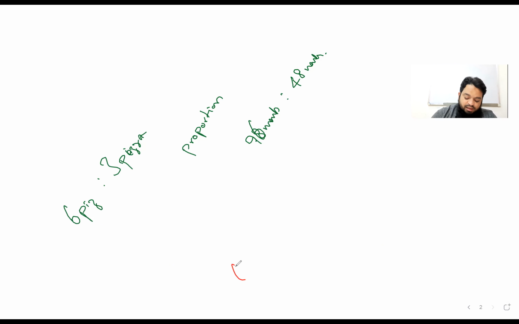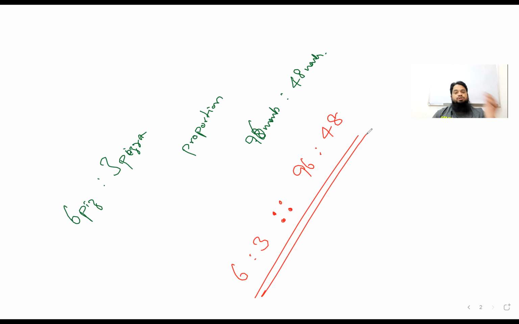We write 6 is to 3 is in proportion, and the symbol for proportion combines two ratios, with 96 is to 48. So we call this proportion. If two ratios are equal, then we say the two ratios are in proportion.